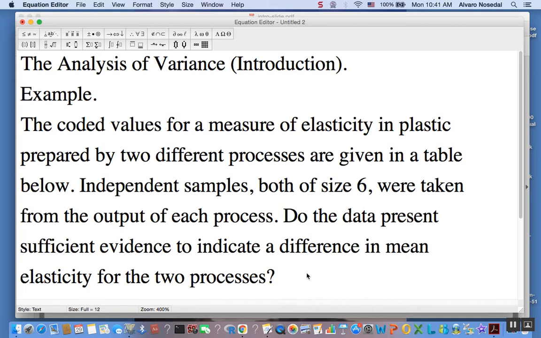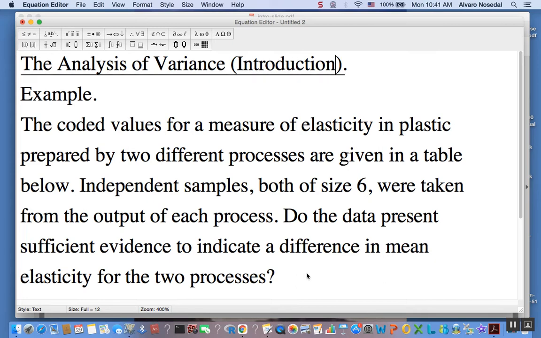So it turns out that we have two samples of measurements of elasticity. And these measurements correspond to two different processes, okay? And the sample size for each of those samples is 6.